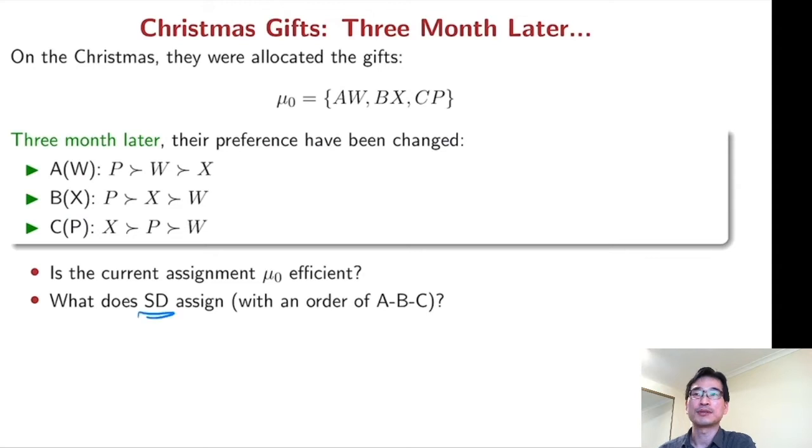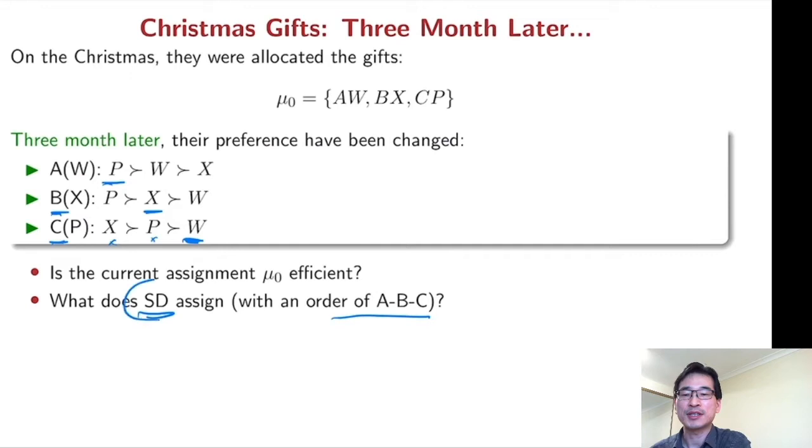So let's think about the serial dictatorship algorithm in the order of ABC. A comes first, A takes P, and B takes X, and C takes W, because X and P both are not available.